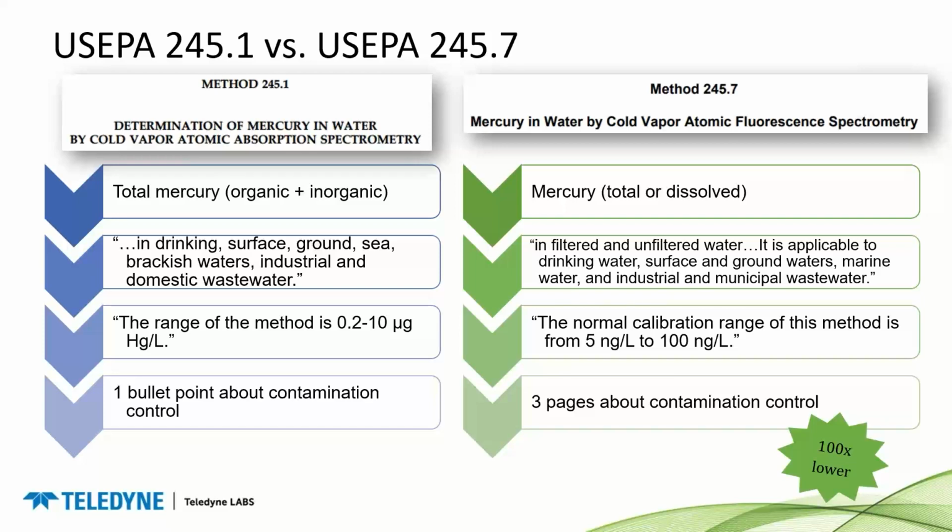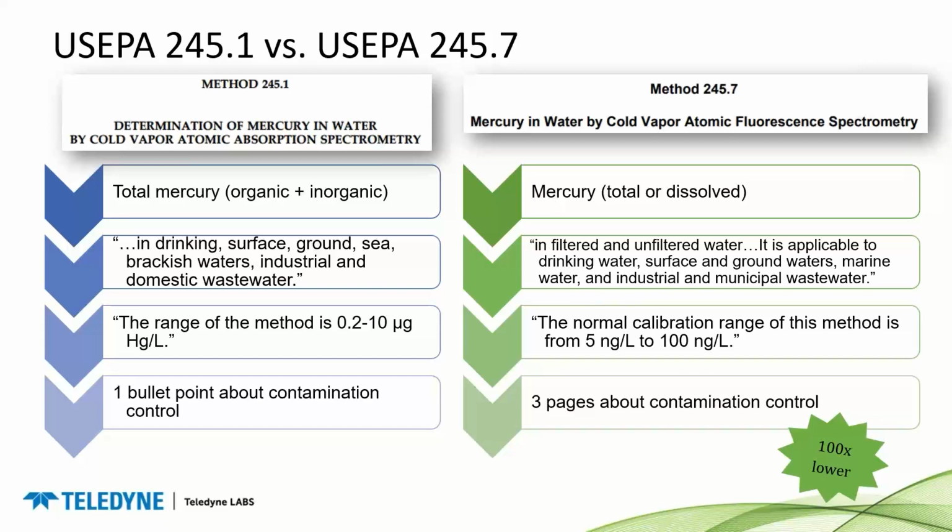And the matrices are the same: drinking water, surface water, ground water, industrial wastewater. But they are very, very different in practice. So the highest calibration standard for 245.7 is 100 times lower than the highest one for 245.1. So the ranges don't overlap typically.